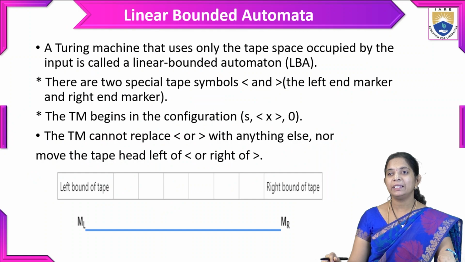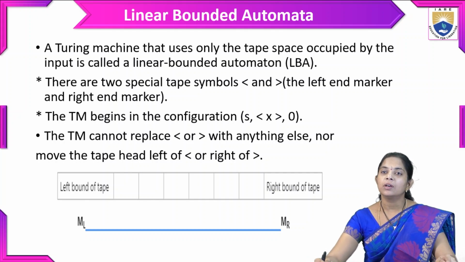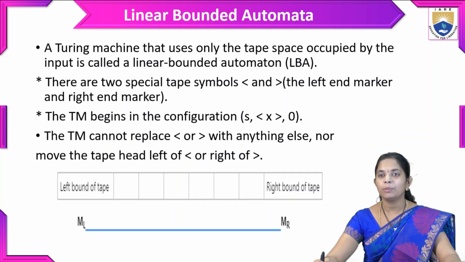And what is meant by linearly bound automata? The languages of context sensitive grammars are generated by linearly bound automata. We can accept context sensitive grammars with linearly bound automata.